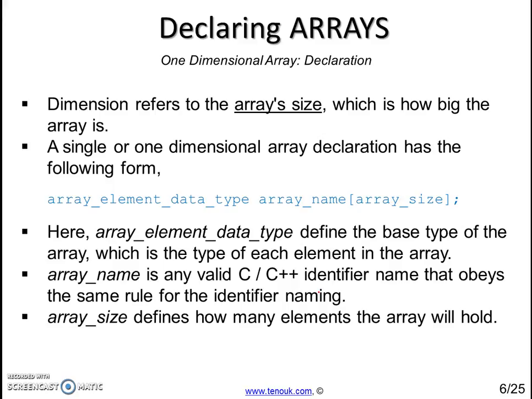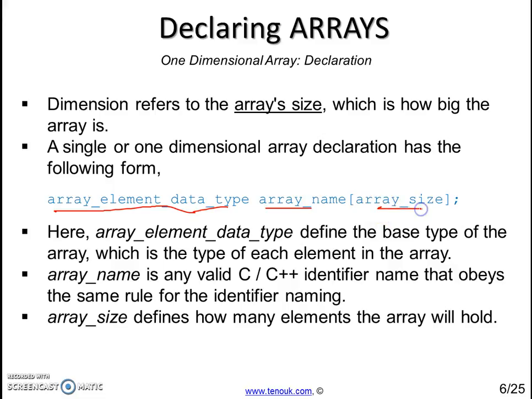Now, arrays are defined as you can store a collection of values in the memory with the help of an array. So, we are talking now about the one-dimensional array. Here the dimension refers to the size of the array, and we can declare these arrays with the array element data type, the name of the array, then the size of the array.